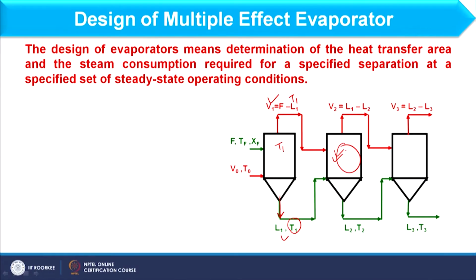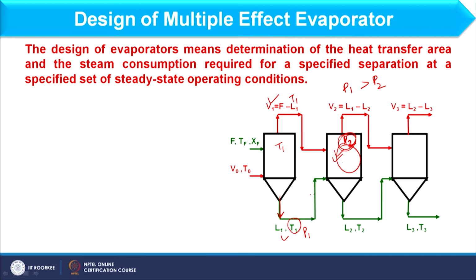That can be maintained because, as we have discussed already, it is available at pressure P2, okay, and P2 is lesser than P1, right. So, when liquid comes into this effect, because the liquid is available at high pressure, that is P1, it will come across suddenly at lower pressure P2. So, what will happen?